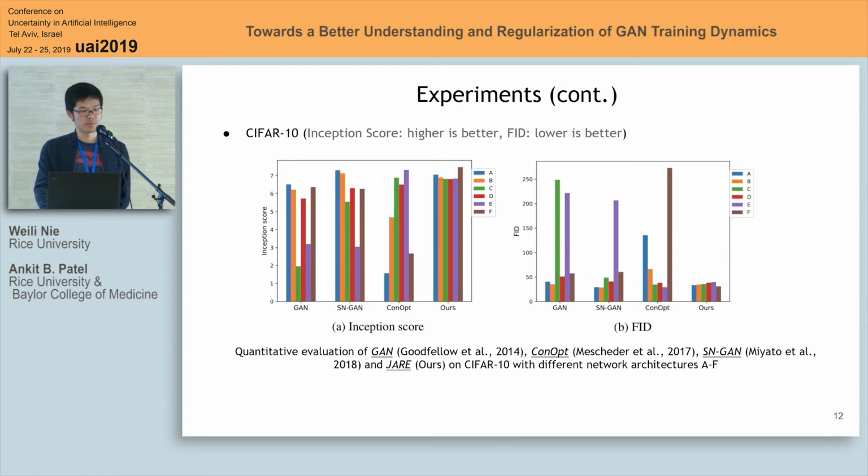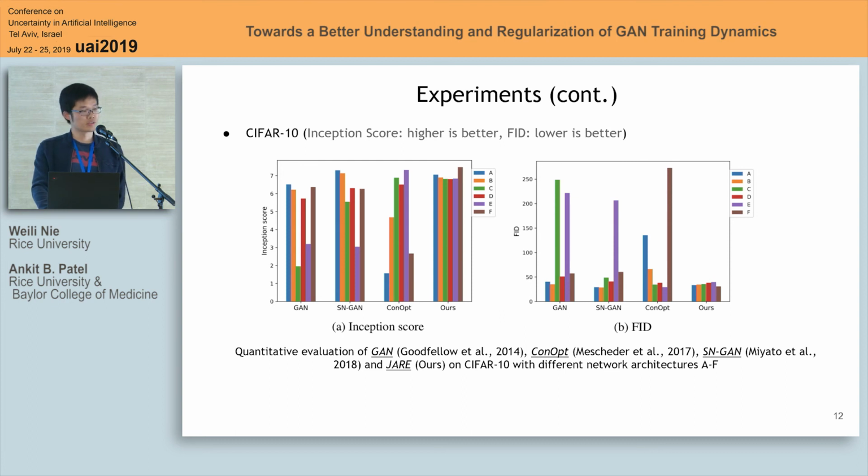And our last experiment is on the real dataset, CIFAR-10, and we compute the inception score and FID. For inception score, higher is better. For FID, lower is better. We evaluate four models: the original GAN, CONAPT, SN GAN, which is a spectral normalized GAN and a stable model from last year, and JRAR.